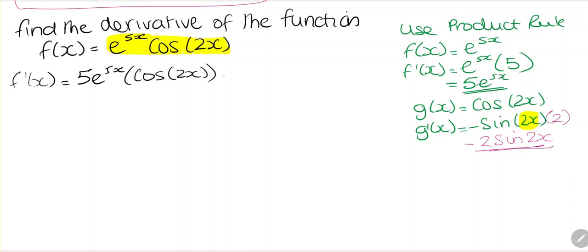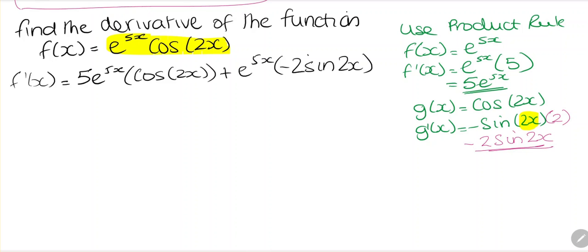And then that is plus, and now we want our f of x, which is just e to the 5x, multiplied by our g prime of x, which is minus sine, actually, let's put the 2 in front. So minus 2 sine of 2x.